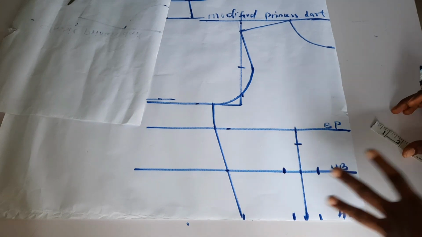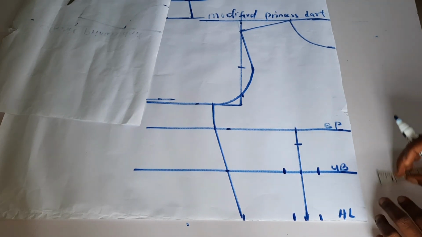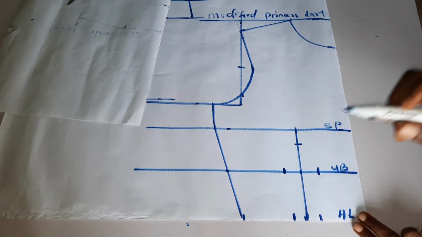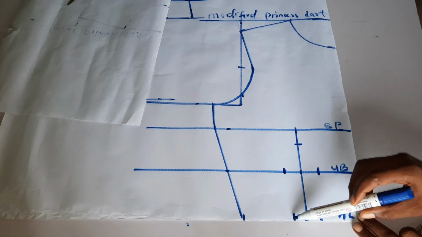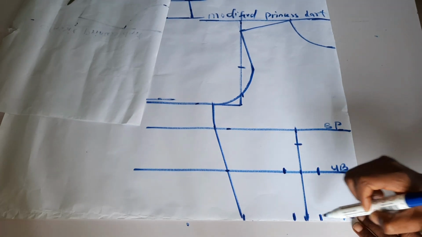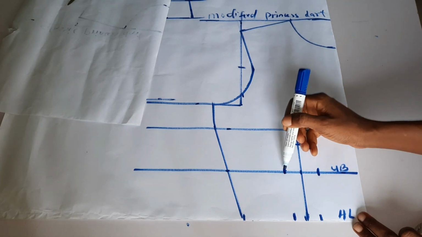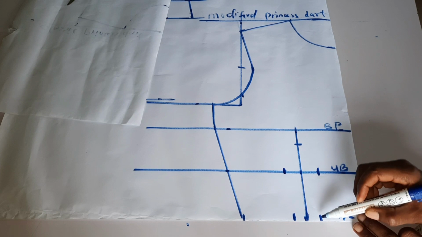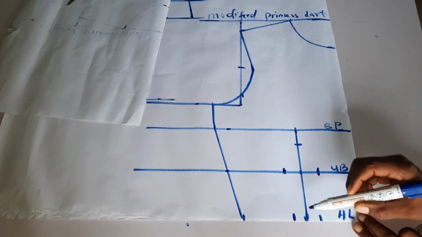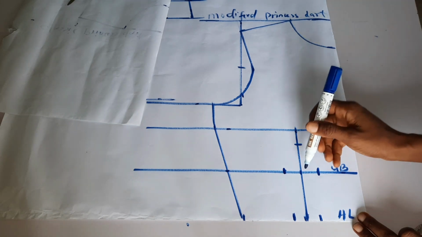This creates some sort of contouring on the underbust. Now remember that how this is done is that whatever you use on the half length, just add 0.25 to it and insert it on the underbust here. So here I used 0.75 on each side, I added 0.25 to it, so it made it 1 inch.